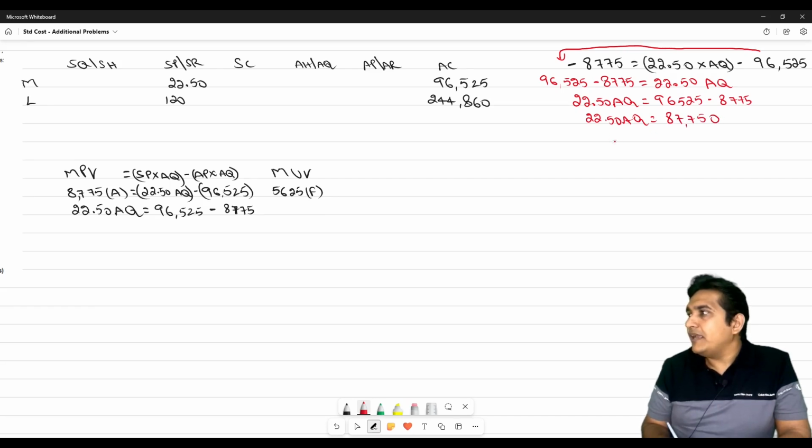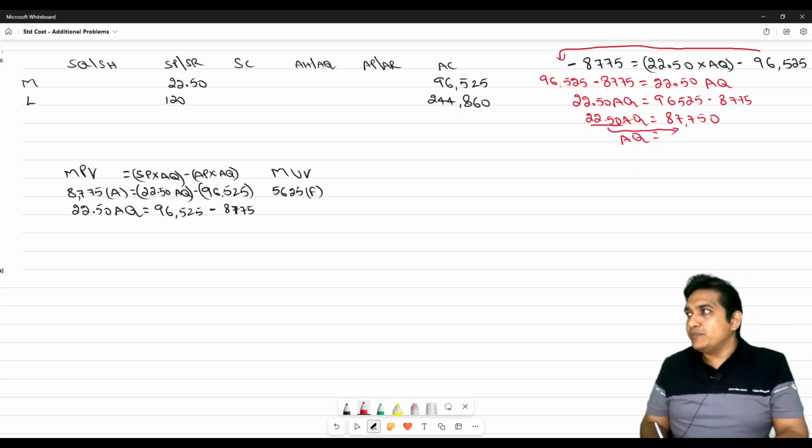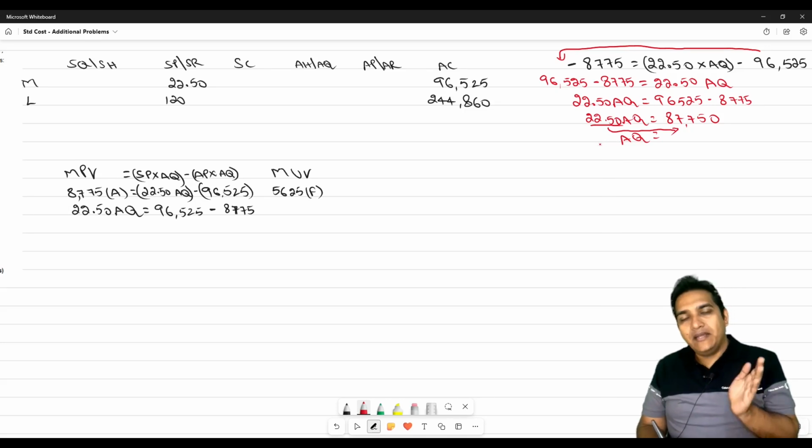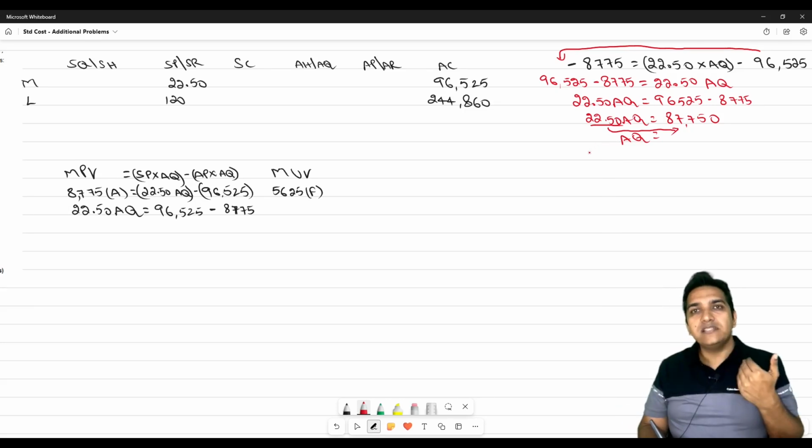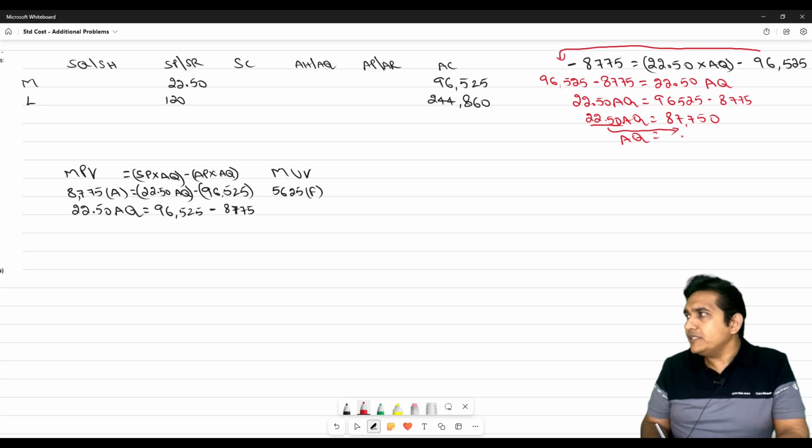87,750. Next, AQ is equal to, what I will do next is, I will take this 22.50 and shift it to the right hand side. Since it is multiplication here, when we shift it to the right hand side, it becomes division. So this will become 87,750 divided by 22.50, and we get actual quantity is equal to 3,900.